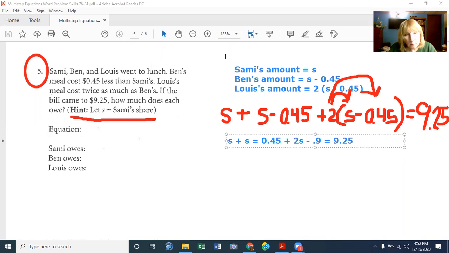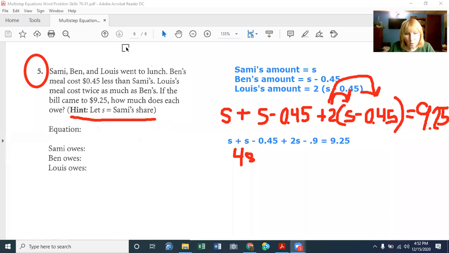Okay, now we are able to solve for S. So we combine our like terms. We have S, S, and 2S, so that's 4S. Oh, that should be a minus, not an equals. Sorry about that. It's a minus. Okay.